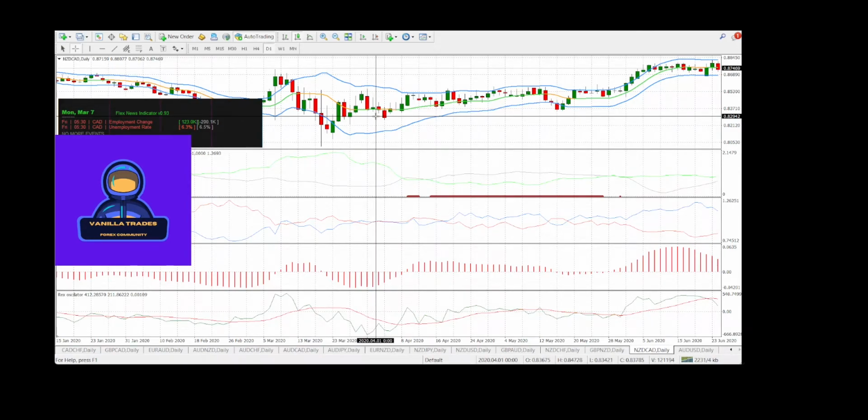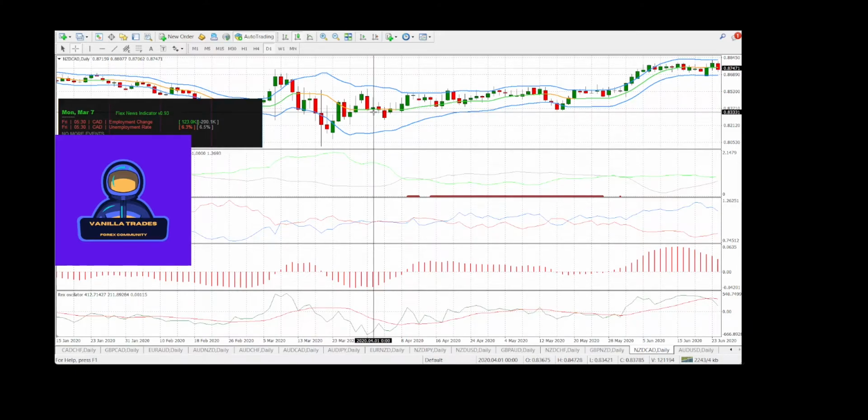Right here is a short. Let's take a look here. This price crosses over here. Right about, where is it giving the signal? They're so close together. Looks like it's right about here.